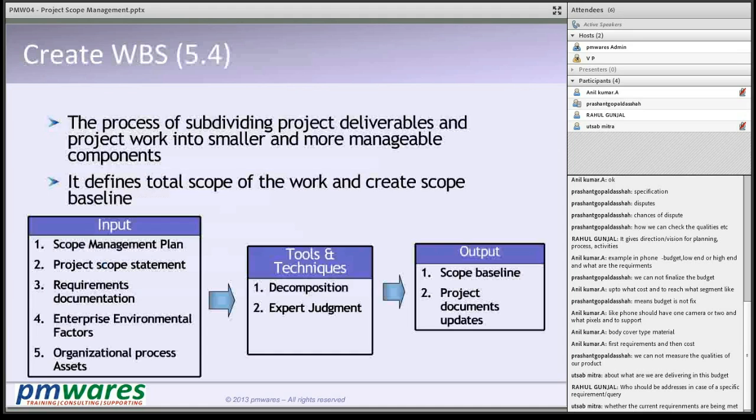Okay, and then we have create work breakdown structure. Once we have defined the in scope and out of scope, in the scope there are product features and the project work. We take the project work and subdivide it into smaller pieces. So what is a work breakdown structure? A work breakdown structure is a deliverable-oriented hierarchical structure which helps us subdivide the work of the project into smaller pieces for better management, for better estimation.